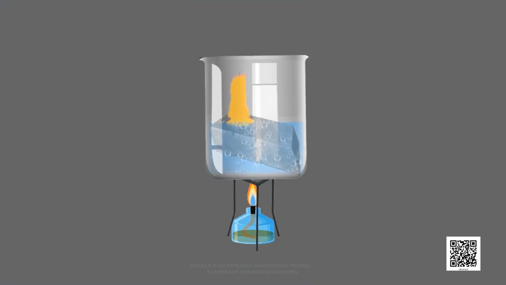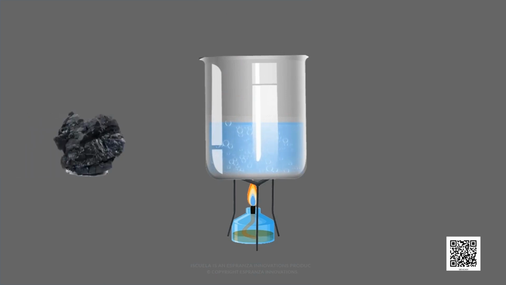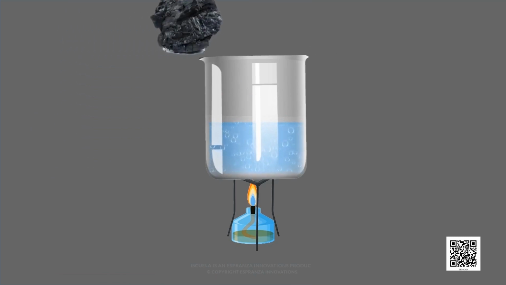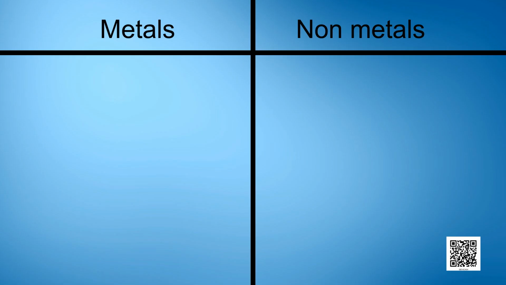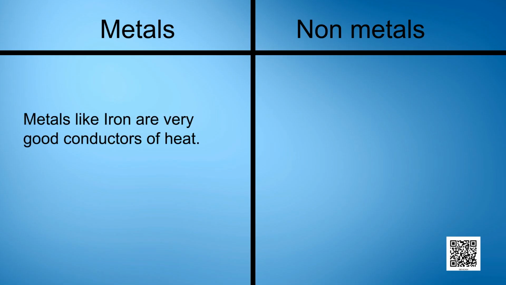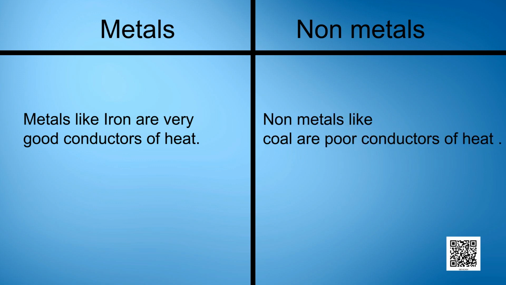But when we apply wax candle on a piece of carbon and place it in a boiling water, we will see that the heat energy of water will not transfer to wax and wax candle does not melt. By this activity, we can easily conclude that metals like iron are very good conductors of heat, whereas non-metals like coal are poor conductors of heat.